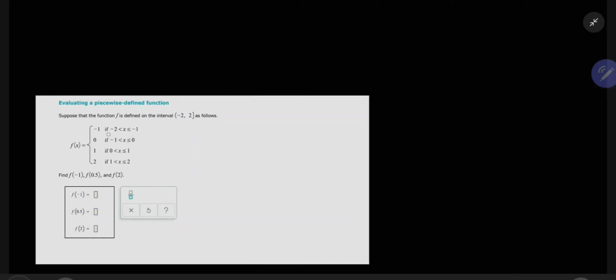So it falls on the first one. It says minus 2 is less than x and x is less than or equal to minus 1. So it means that f of minus 1 would be minus 1. This value here, minus 1. So you go ahead, find f of 0.5 and f of 2.